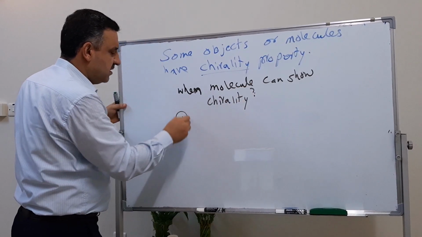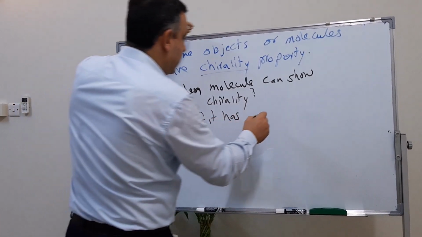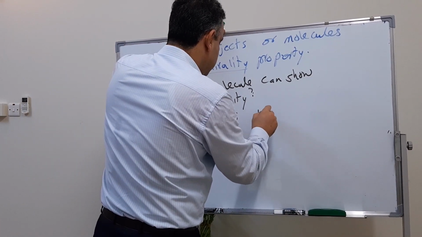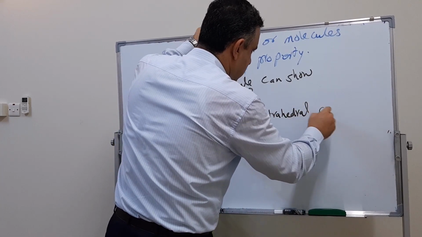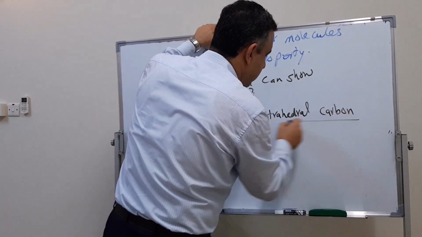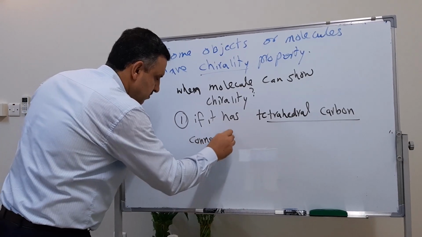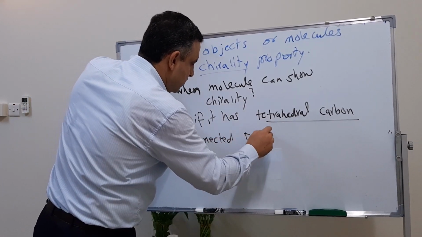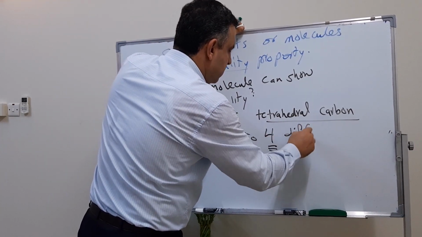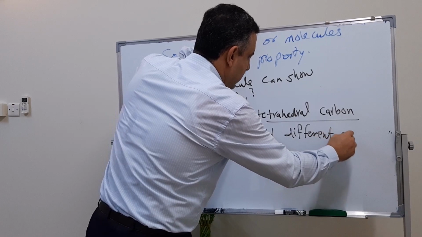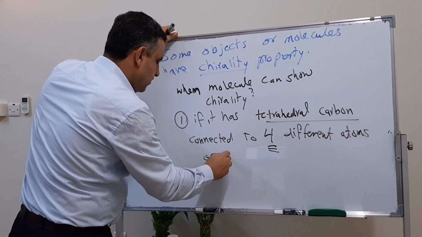If it has a carbon, a tetrahedral carbon, connected to four different atoms or groups.